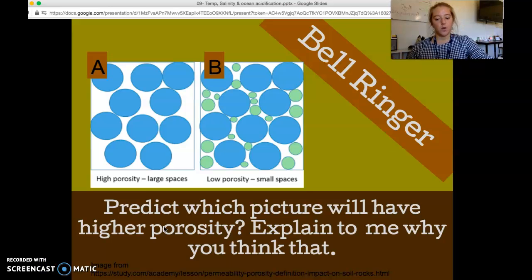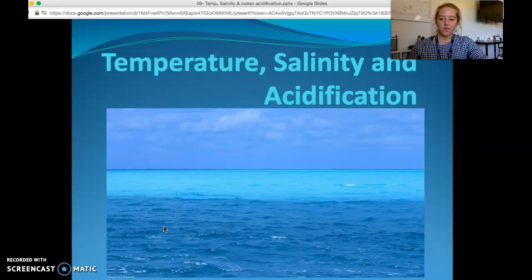And B has a lower porosity because it has the small spaces, and it's actually because we have the mixing of large particles and small particles that we get that lower porosity. Those small soil particles or rock particles almost act as corks, making it really hard for the water to flow easily through those large blue molecules. Fantastic. Let's move on. That was just a review.